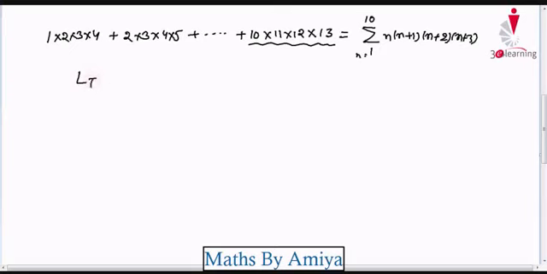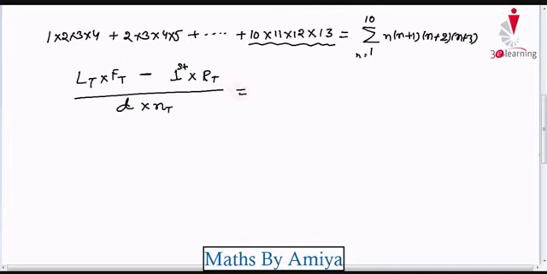The formula is last term into forward term, minus first term into previous term or the reverse term, upon common difference of the AP into number of terms in this formula.